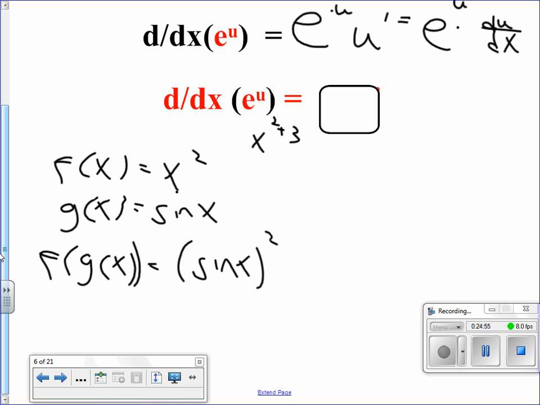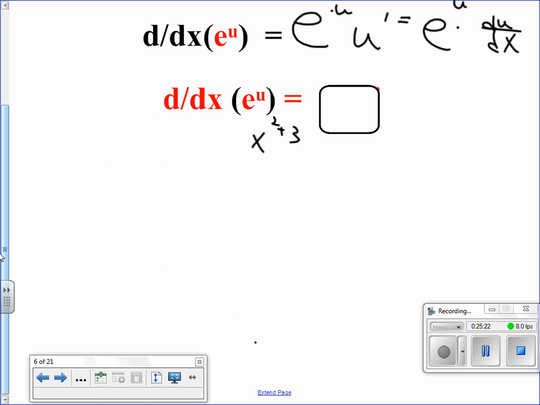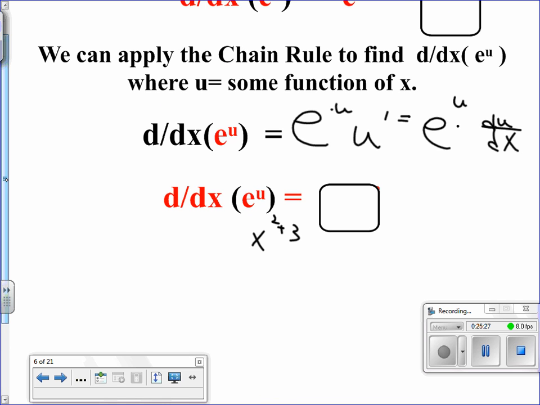When you go to use the chain rule to differentiate it, you do the power rule first because that's the outer function, and then you multiply by the derivative of the inside function. I think you're just bothered because the inside function is up there as an exponent and it looks different. You're not seeing the parentheses. I get that.